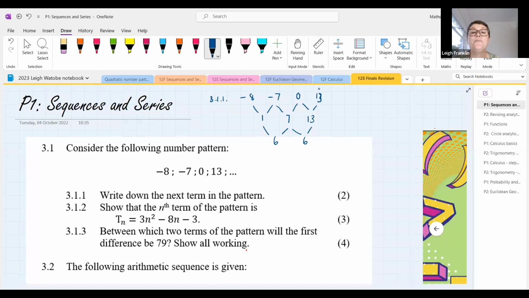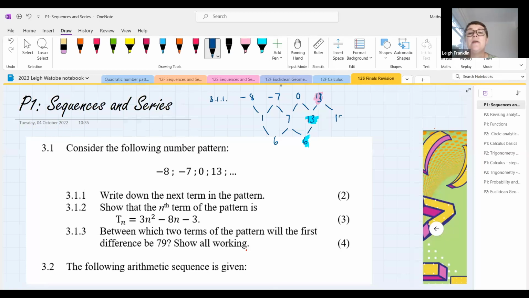All right, so first I added 1, then I added 7, then I added 13. So what do I need to add on to this 13 in order to get my next term? That's it. It would be 6 plus 13, so I would need to add together these two numbers, because it increases by 13 plus that 6.